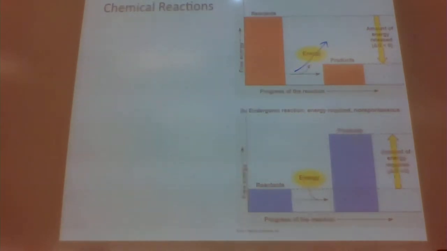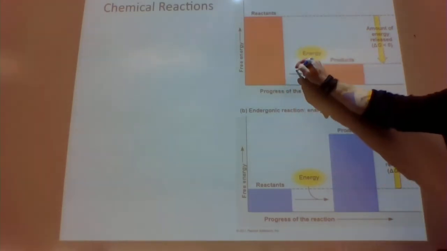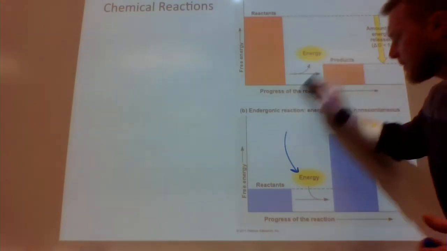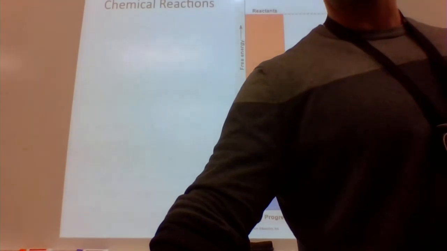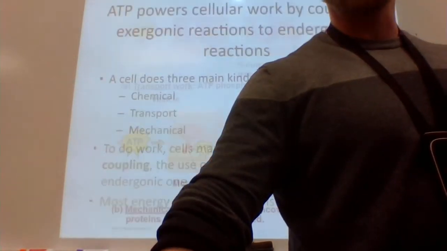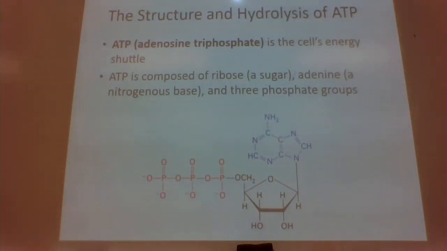The exergonic reaction releases energy, and that energy released goes right here and is used to power the endergonic reaction. So we call this process energy coupling, right? And that is where ATP is going to be used, to couple chemical reactions together.